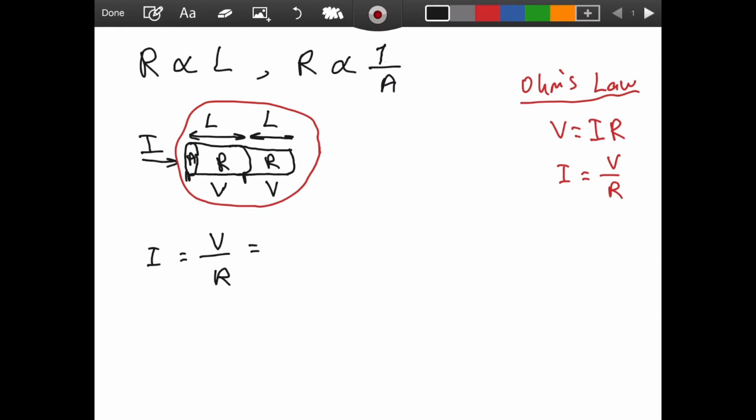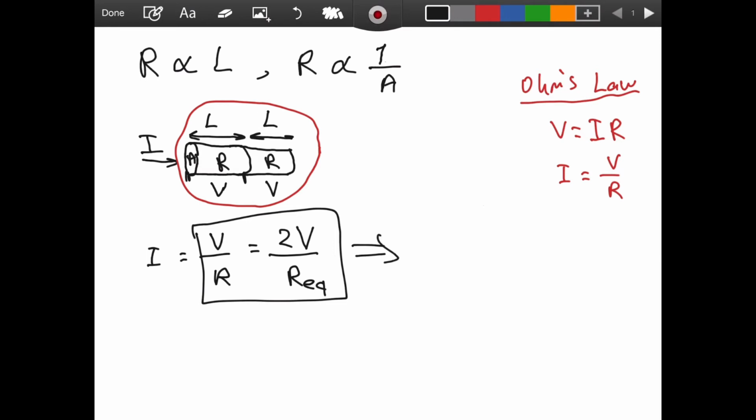We don't have just one voltage drop, we have two drops. So we have 2V, and now we have a different resistance value, R equivalent, I will call it. And if you look at this equality, you can see that R equivalent is equal to 2R.